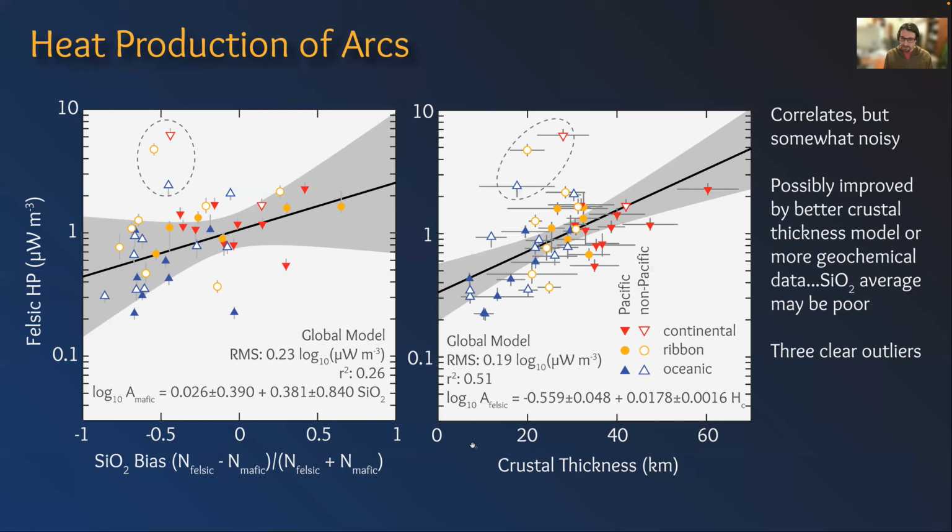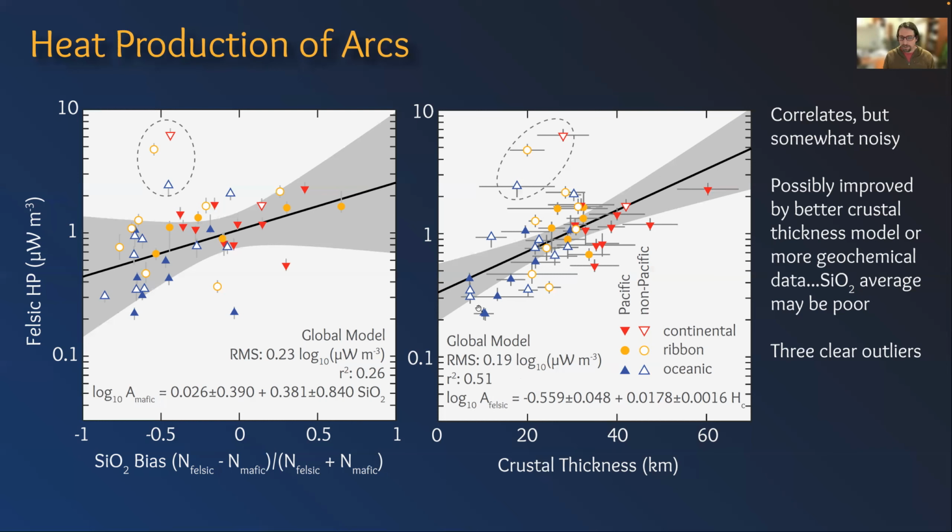We can also look at that in terms of crustal thickness. Crustal thickness actually turns out to be a big control on the composition. It's not necessarily a control on the composition so much as the crustal thickness provides an extra length of space under which the process of fractionation can distill the trace elements.